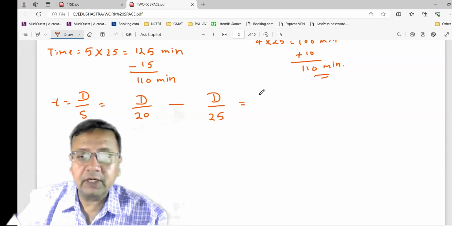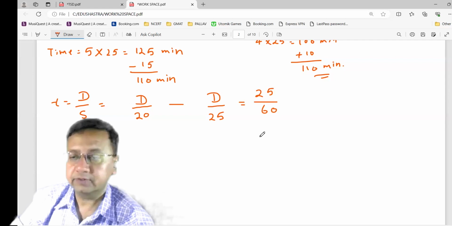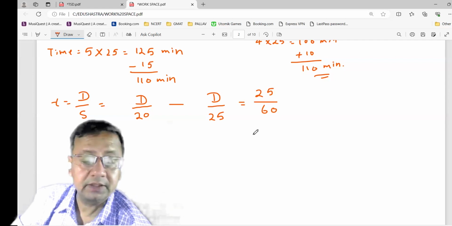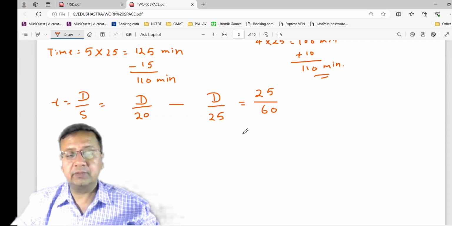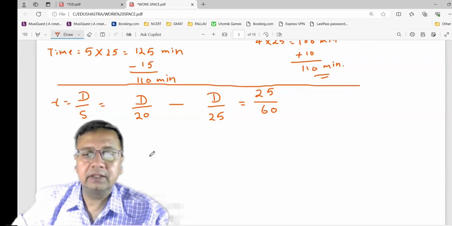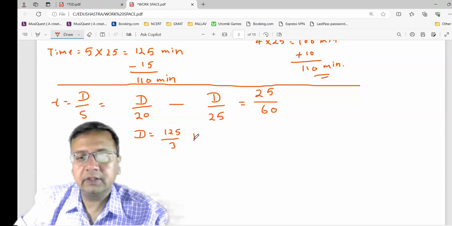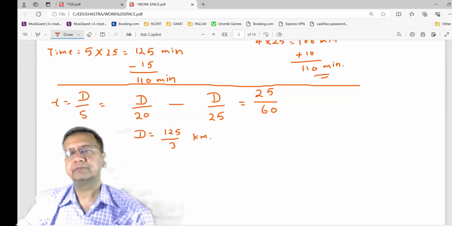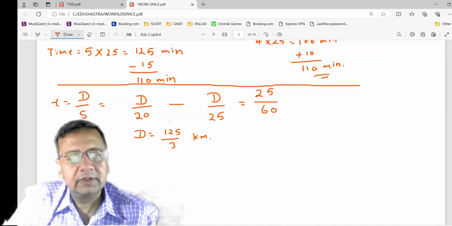So total time gap is 25 minutes divided by 60, converting to hours, because distance and speed are in kilometers and kilometers per hour. So simplifying this one simple equation here, you will get the distance. And what is the distance you are getting here? 125 divided by 3 kilometers. Got this?